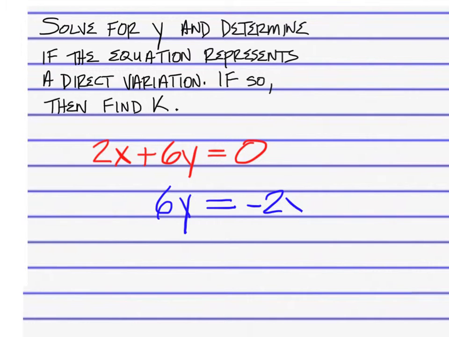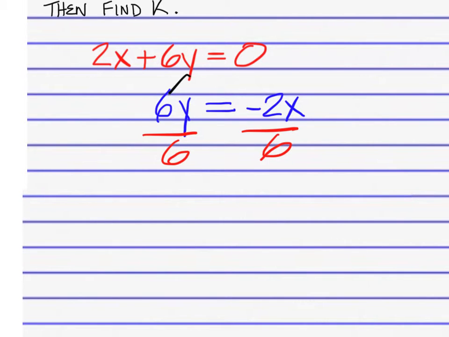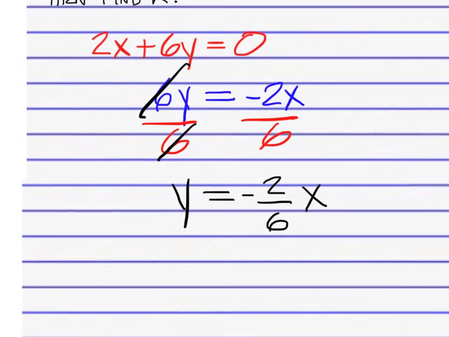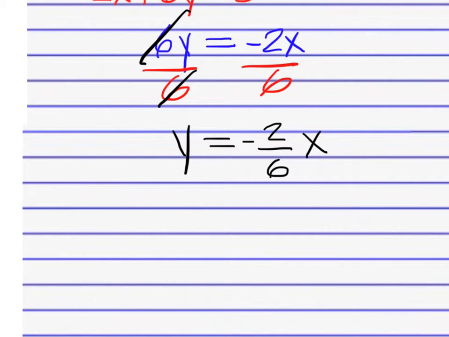Negative. What do I do now to get y by itself? Yeah, divide both sides by 6. So when I do that, these 6's cancel out and I have y equals a negative 2 over 6x. Can I reduce that? What does negative 2 over 6 reduce to?